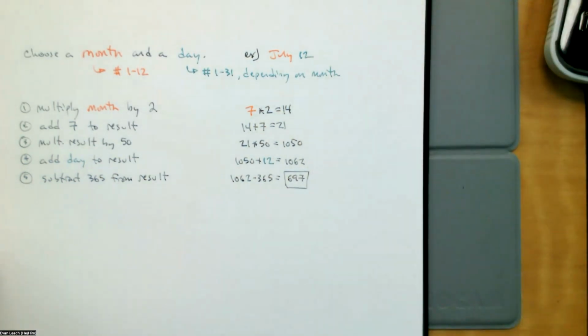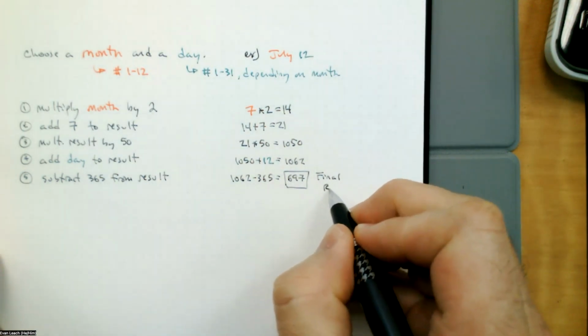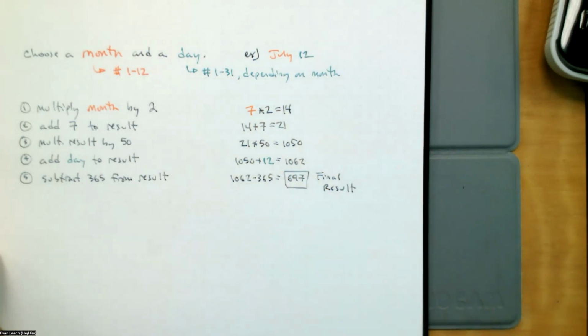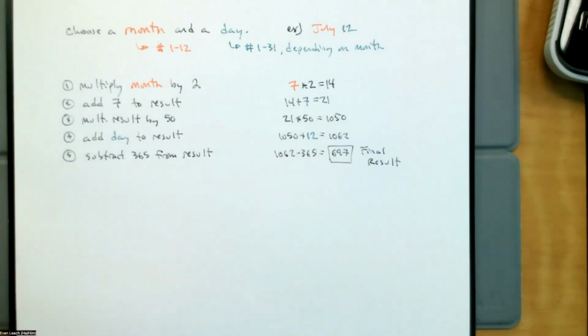And we'll call that your final result. Does everybody have a final result? Double check your math. You can't just make up a number and have it worked out.